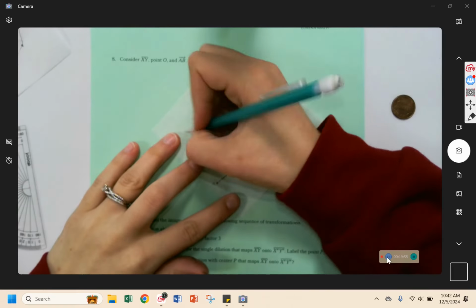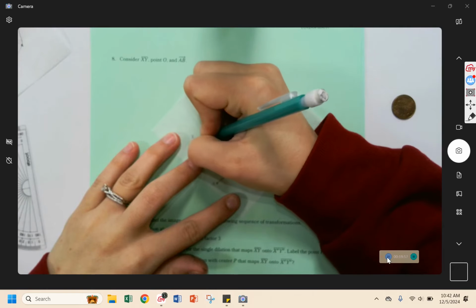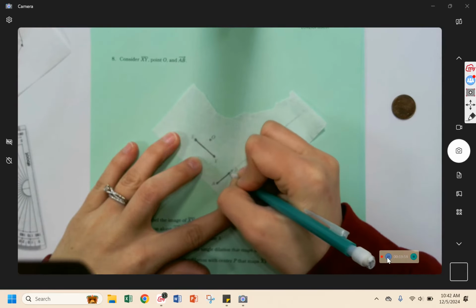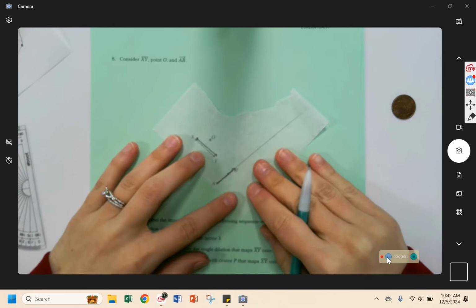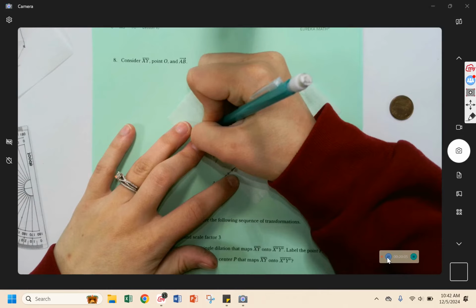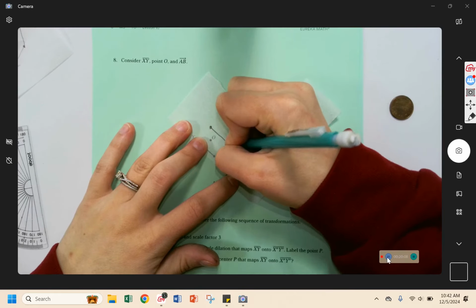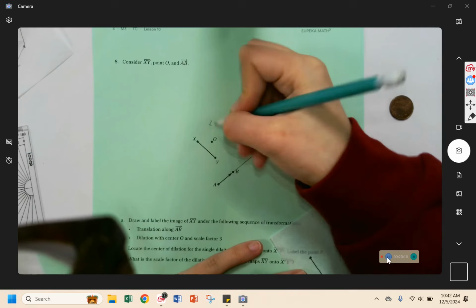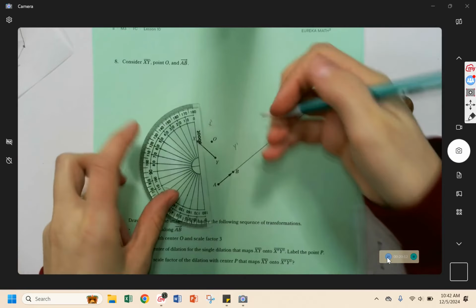You're going to trace XY and the vector AB. Slide it up until the end matches the point and place it in its new location, labeled with X prime, Y prime.